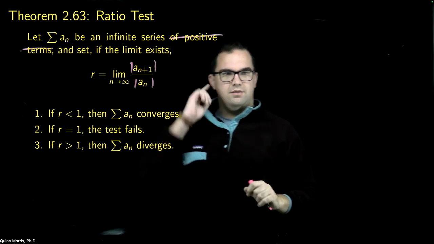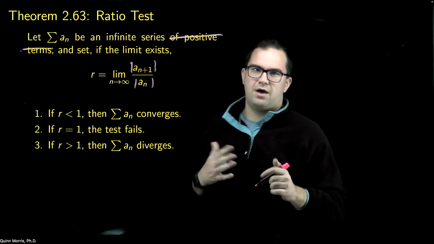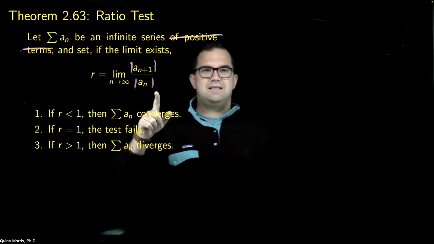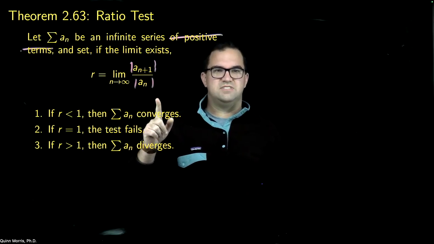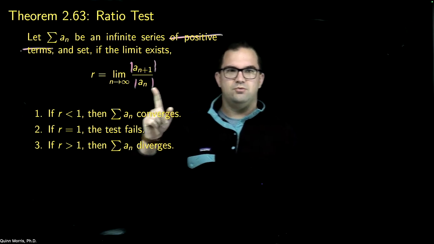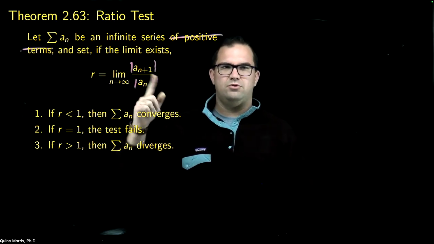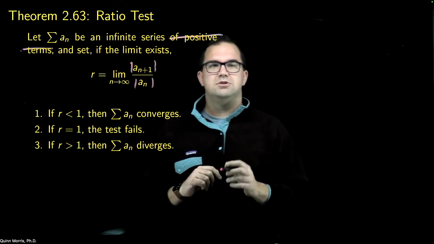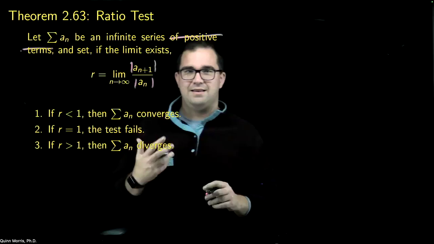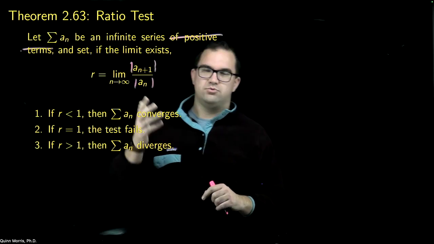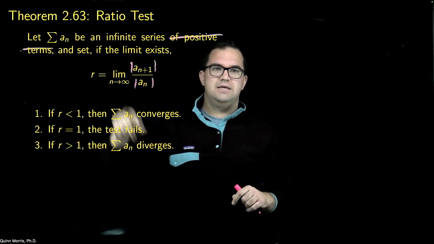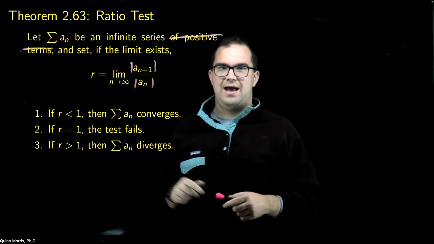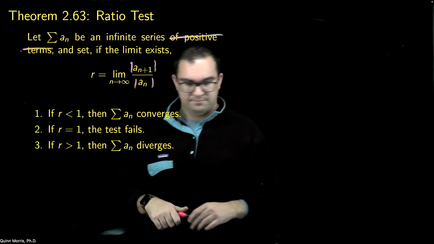Now, what you have to deal with is that you need another condition to ensure that you don't have a whole bunch of zeros, because if you have too many zero terms, this limit can fail to exist. So there are other conditions that need to be added in to make this work. But a very common version is to remove the positive terms condition and add in absolute values here, and the results are the same.